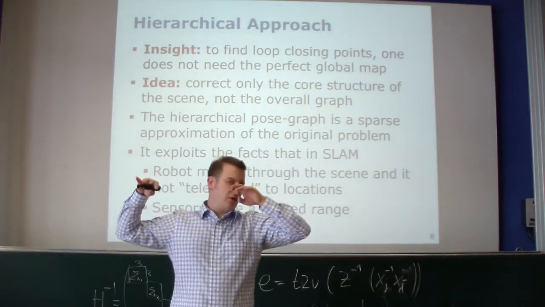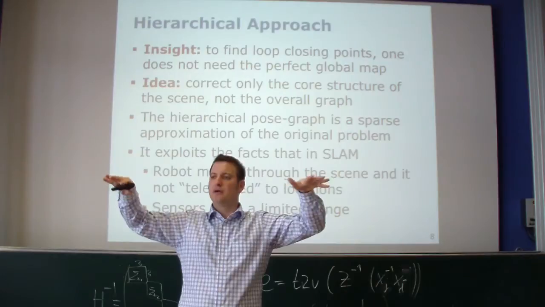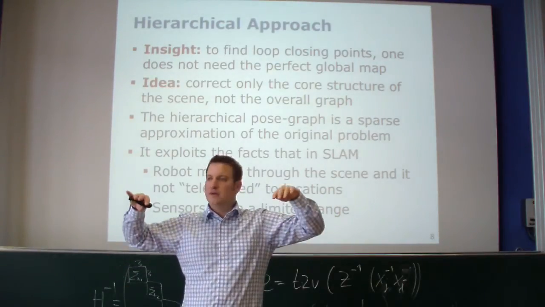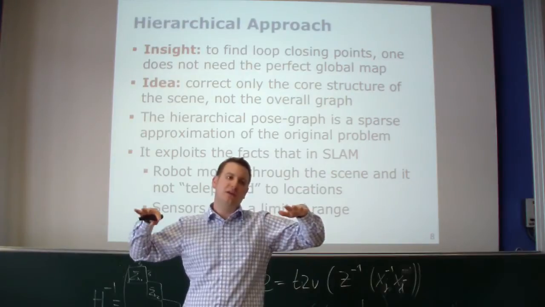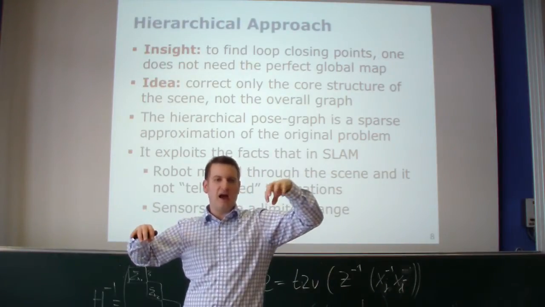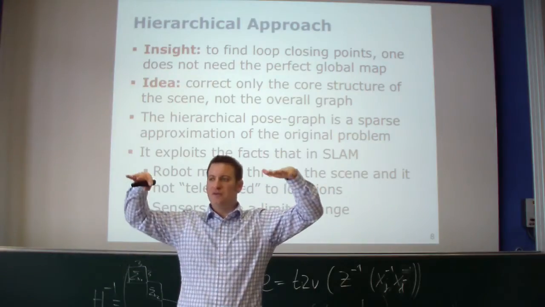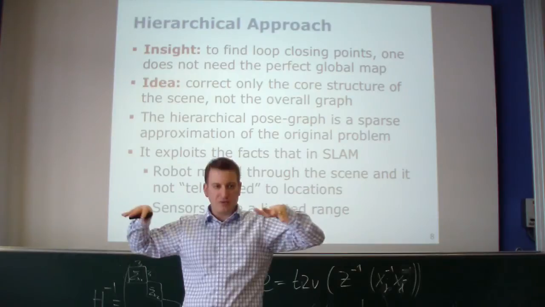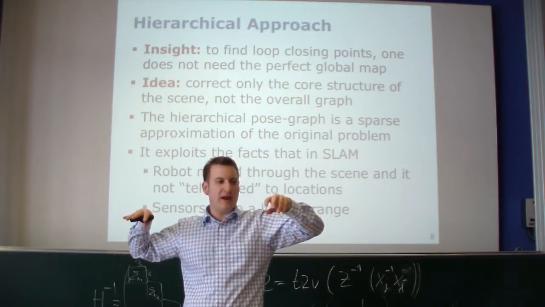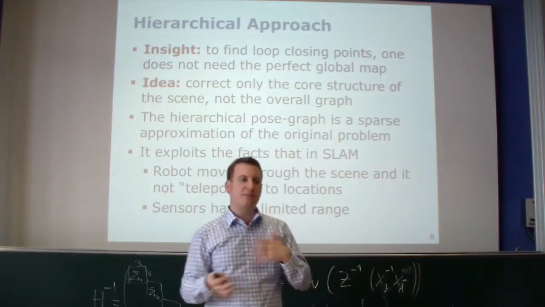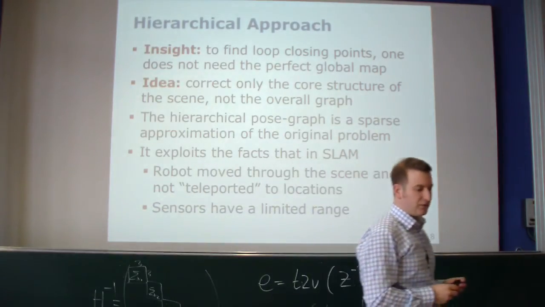If we do our corrections only on the higher levels, we do rigid body transformations of these whole groups. That is still probably close to the correct solution, but it's definitely an approximation because they can't move independently anymore. If I move them on the top level, I do a rigid body transformation of the whole group, so I transform all nodes in the same way, and they can't move independently when optimizing on the higher level. Therefore, it is an approximation of my original problem.